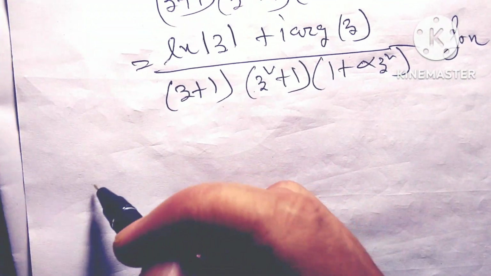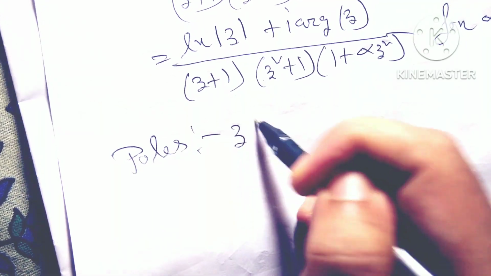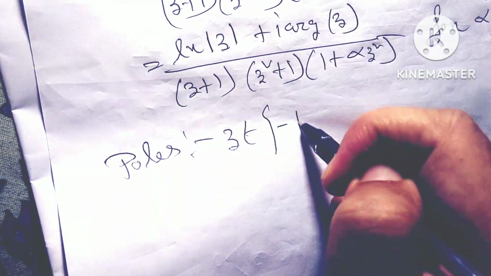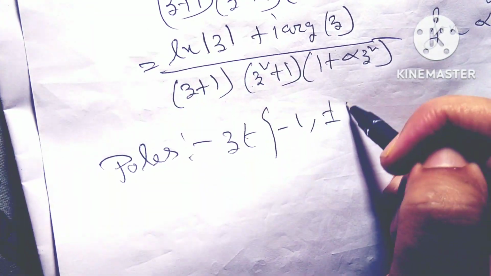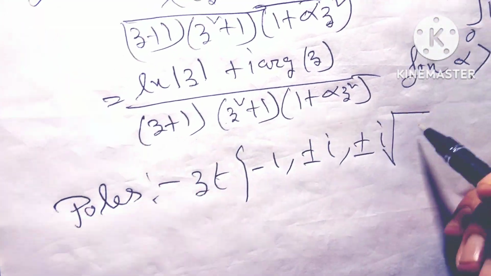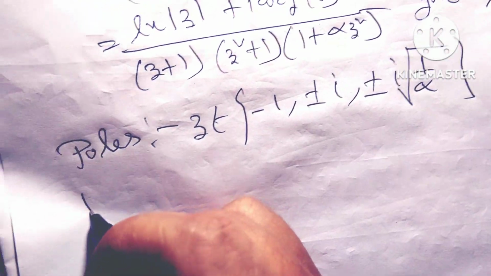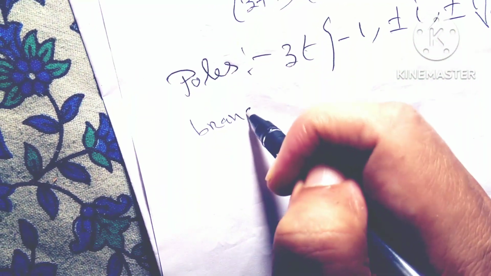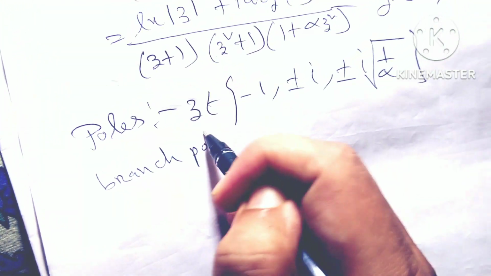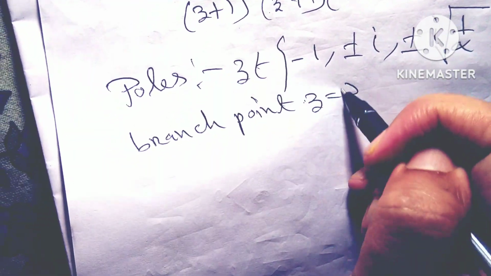The poles are z belongs to minus 1, plus minus i, and plus minus i over root of 1 plus alpha, and the branch point, which is very important, is z equals 0.